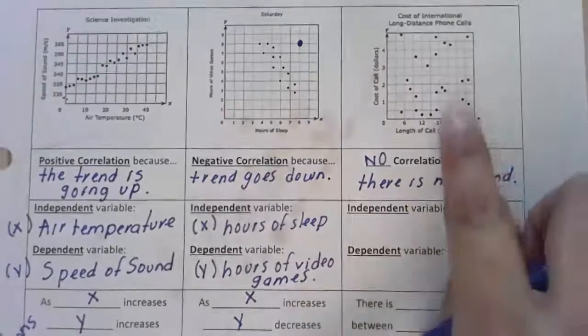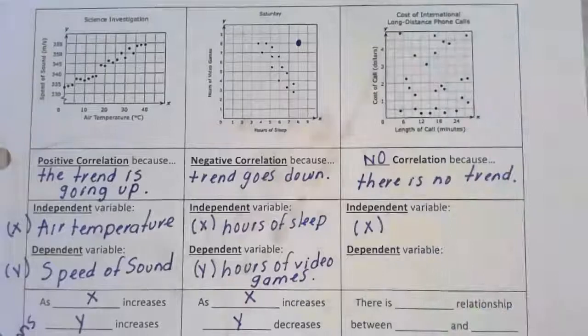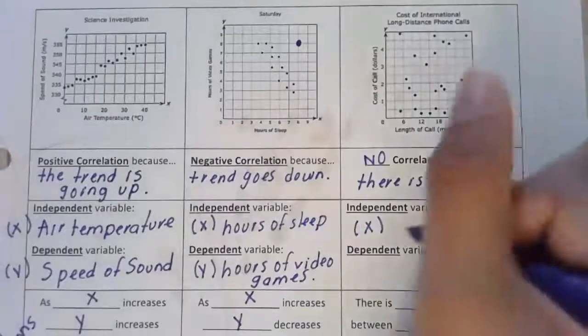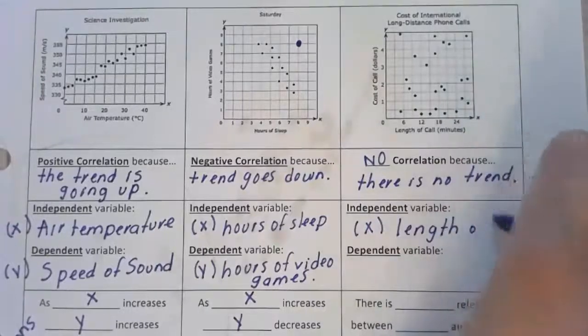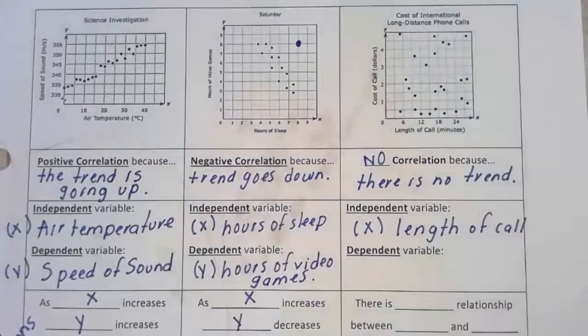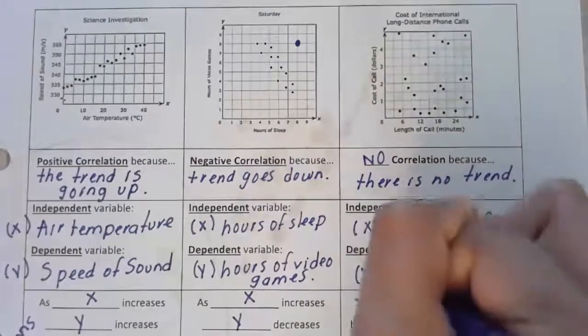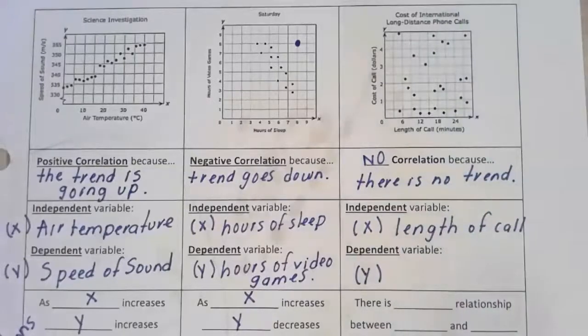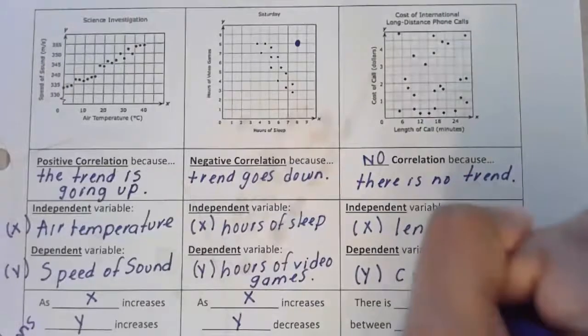And in this example, our independent or x variable is the length of call. And your dependent variable is your cost of the call.